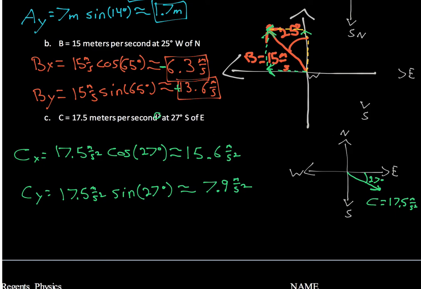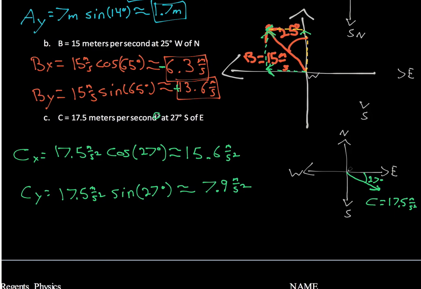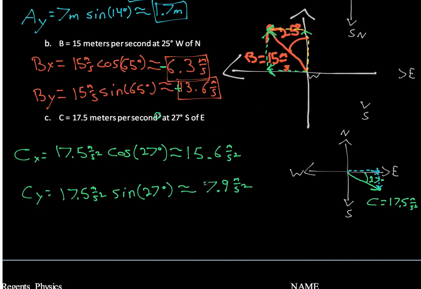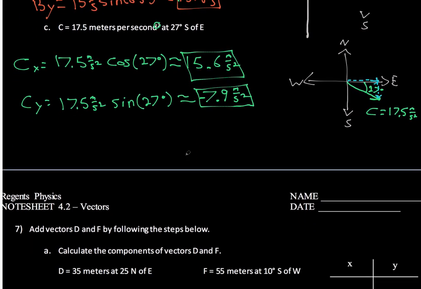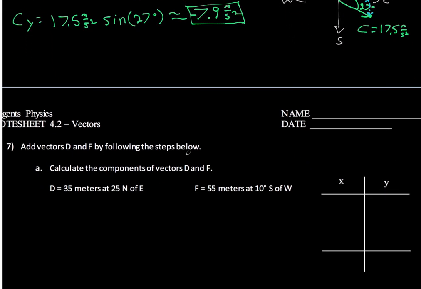And again, we've got to be careful, because our x component was in the positive direction, but our y component points down. So our y component really is negative here. Let's take a look at some more examples on the next page.